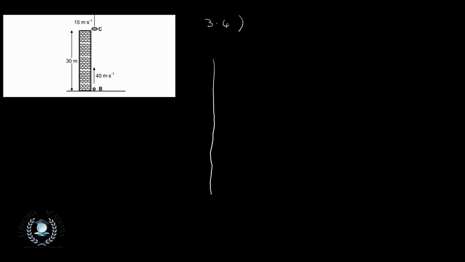So we're going to draw a y-axis, we're going to draw an x-axis, right? And on our y-axis, we're meant to have velocity, and it will be in meters per second. All right. And then on the x-axis, we're going to have our time and it is measured in seconds.